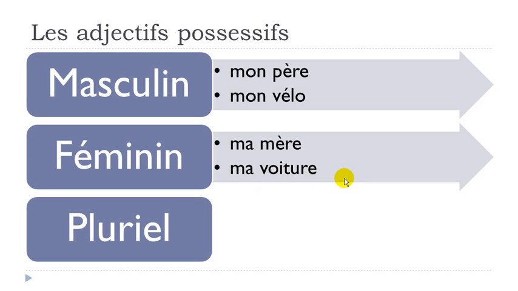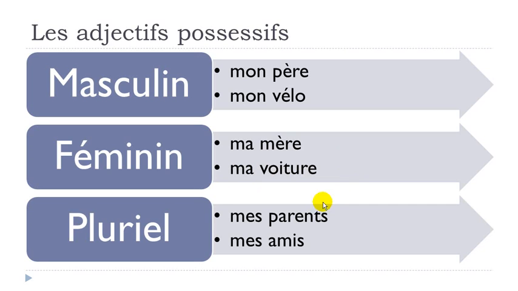And let's see now for the plural. So parents, mes parents, because it's the plural form here. Mes parents, and then amis, friends, it's the plural form, so it's mes amis, and then let's be purist and make this beautiful liaison between these two words. Mes amis.